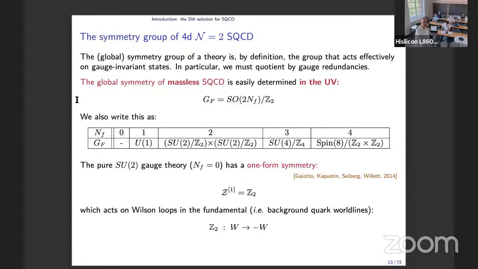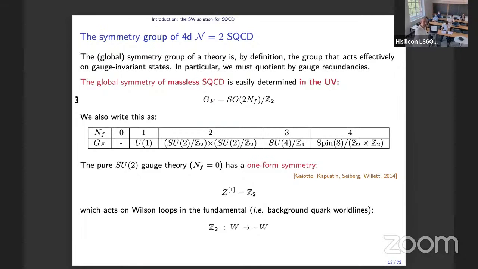Nf equal 2 is SO(4), that's SU(2) times SU(2). The double cover of SO(4) is Spin(4), the simply connected one, which is SU(2) times SU(2). And then the actual SO(4) mod Z2 is SU(2) mod Z2 times SU(2) mod Z2.